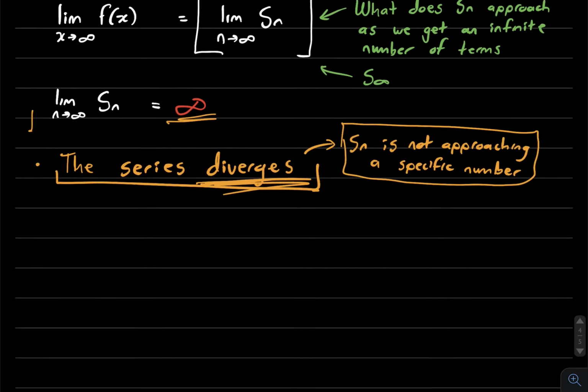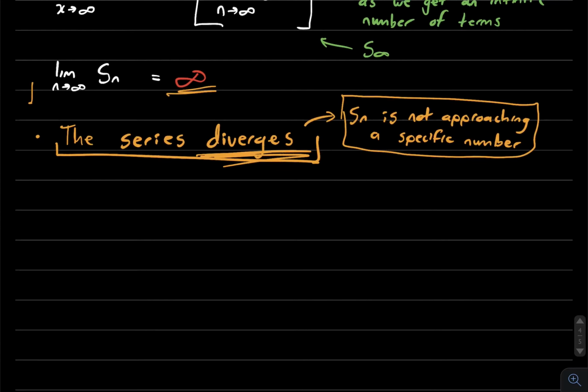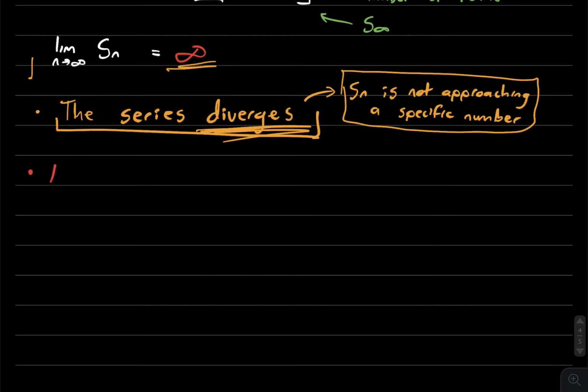Okay? So as you do more and more examples, you'll realize that all arithmetic series with a difference that is not equal to 0 are divergent. Okay? So let me just write that out.